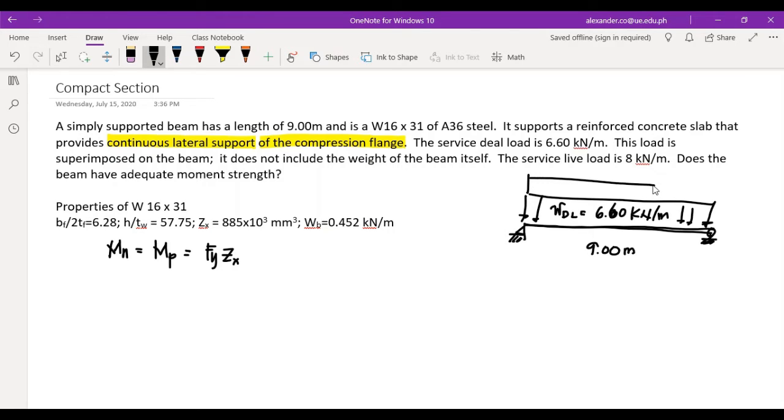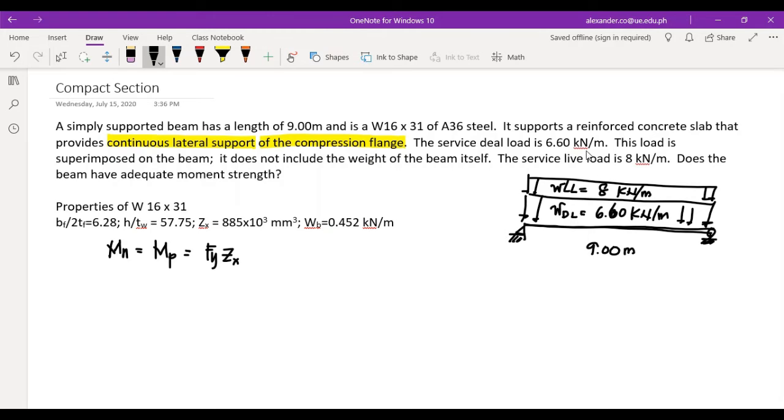Tapos meron pang sinasabi dito na live load. Lalagay ko na. It's 8 kilonewton per meter. W live load. Okay? So this load, isa pa to, this load is superimposed on the beam.